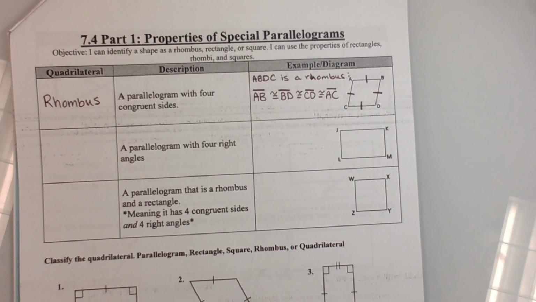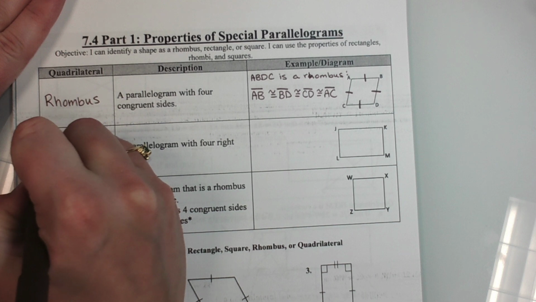Okay. Today we're also going to be talking about a parallelogram that has 4 right angles. Not a square, rectangle.